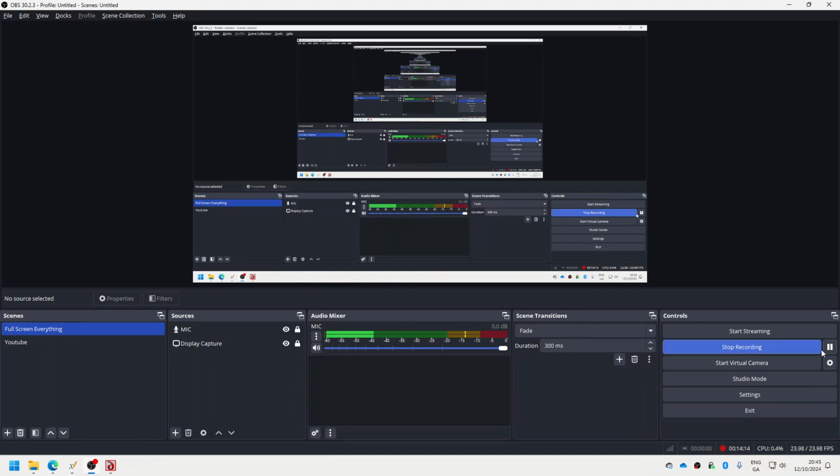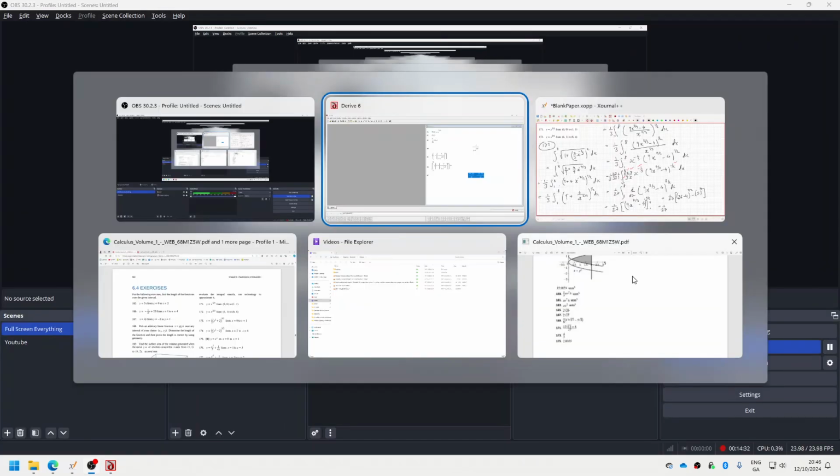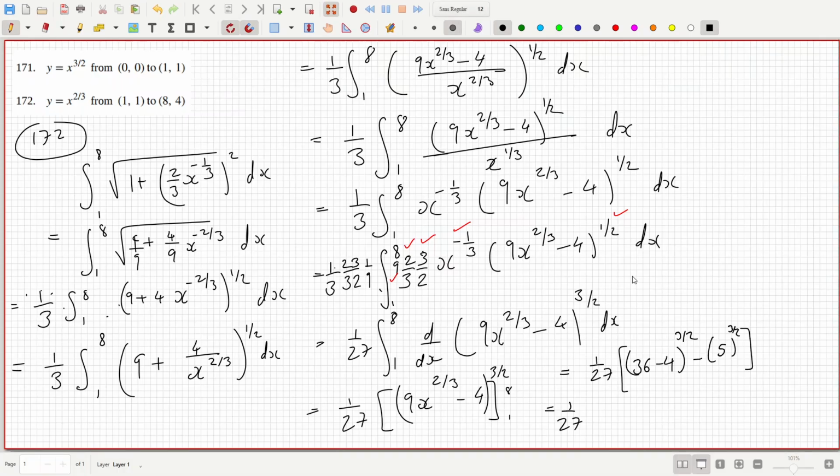Again, let me check the answer and derive. Yeah, it was 80 root 10 over 27, minus 13 root 3 over 27. I make a mistake here at the end. Hang on.